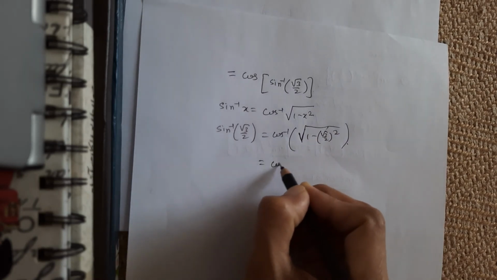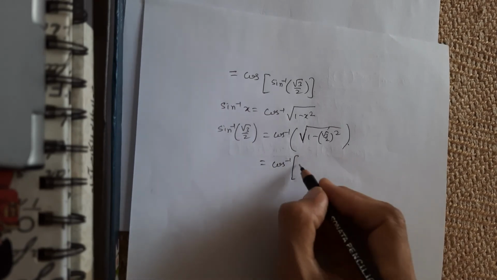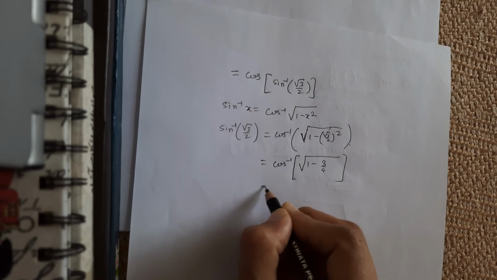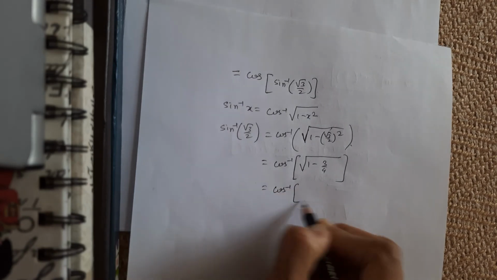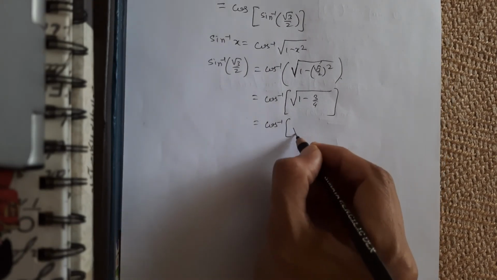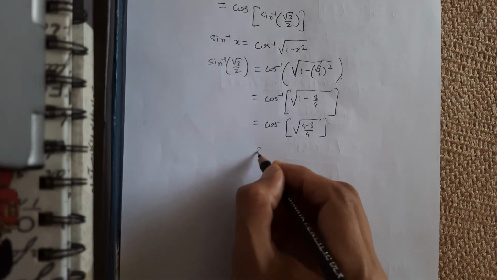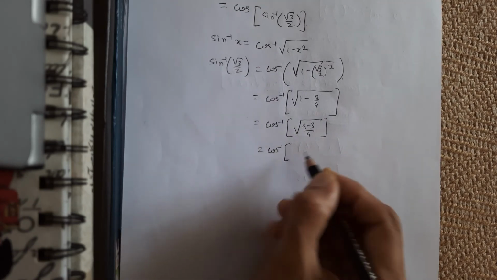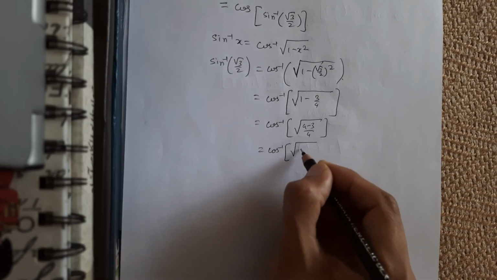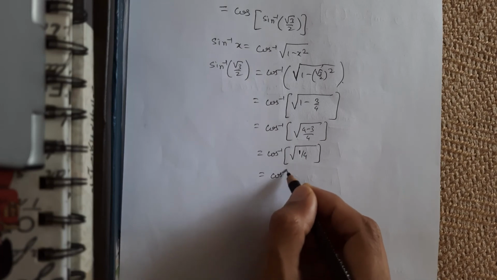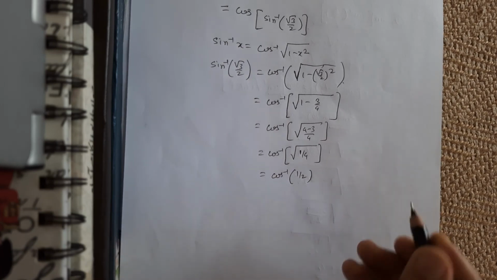Okay, which is equal to cos inverse of root 1 minus 3 by 4, which is cos inverse of root 4 minus 3 upon 4, which is cos inverse of root 1 by 4. Take the root outside, so cos inverse of 1 by 2.